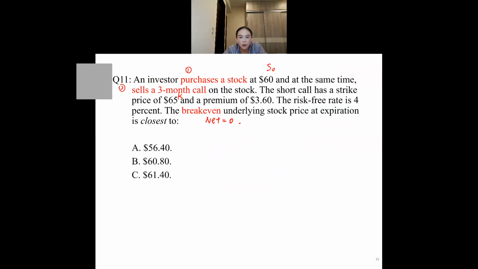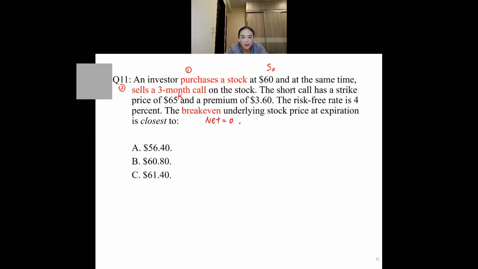Okay, the final question. An investor purchases a stock at $60 and at the same time sells a 3-month call option on the stock. The short call has a strike price of $65 and premium of 3.6. Risk-free rate is 4%. Break even at expiration is close to? So basically, you long a stock and you short a call, right?